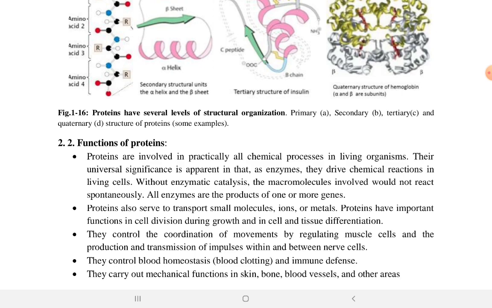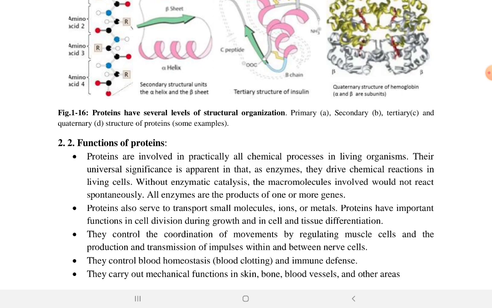There are biological processes that require protein transfer. So this protein chain is used as a transport means of ions or metals.